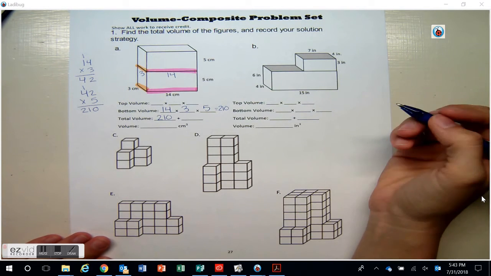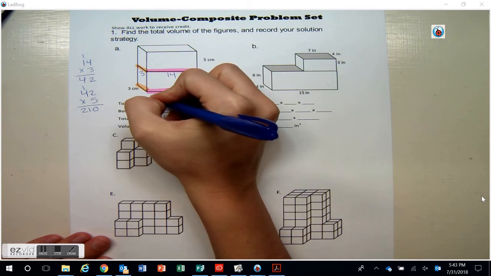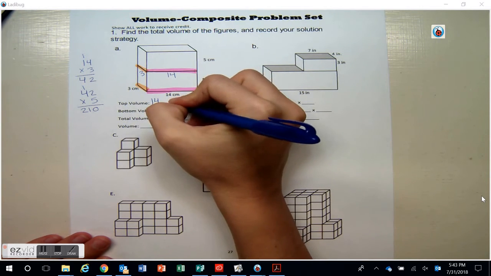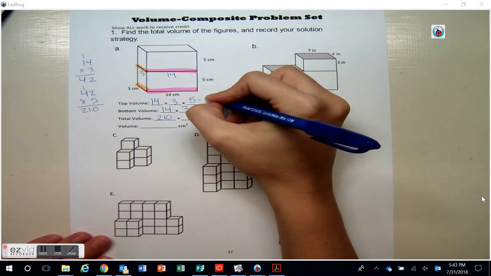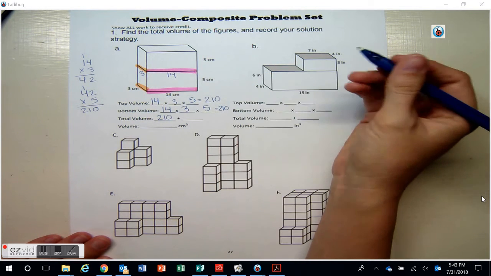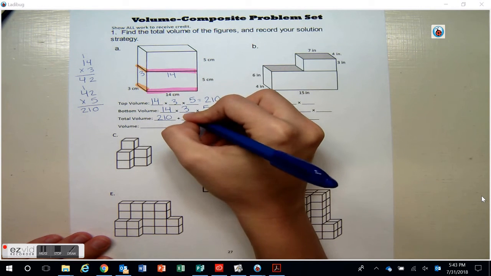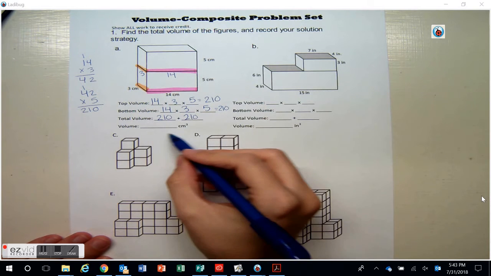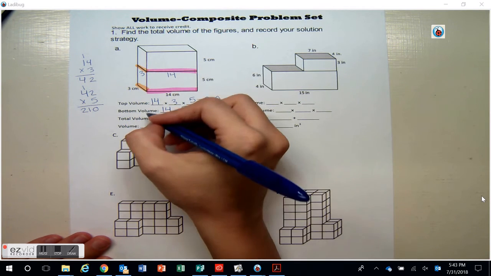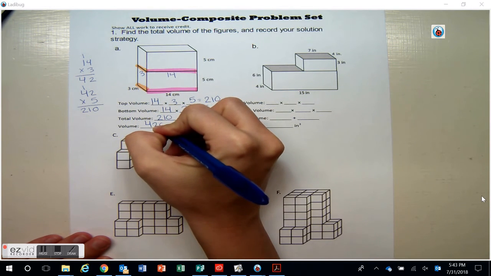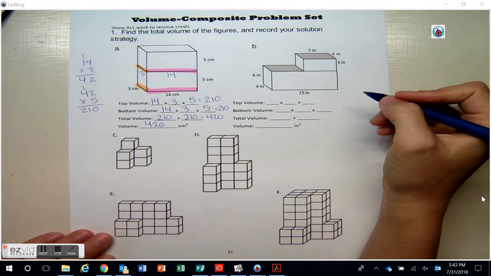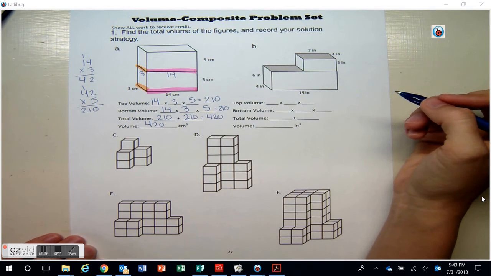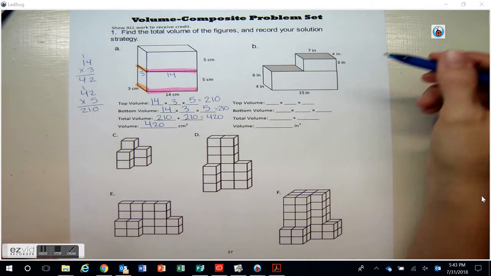So again, I have 14 times 3, length times width, times that height of 5, which I've already done the work, and I know that's 210. So 210 plus 210 gives me a total volume of 420 centimeters cubed. Let's continue on to this shape here.